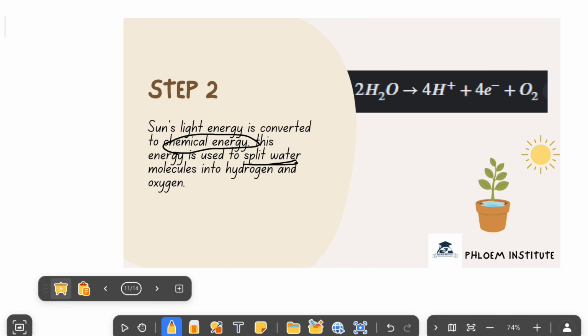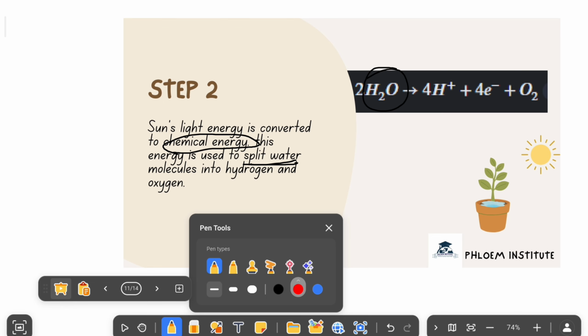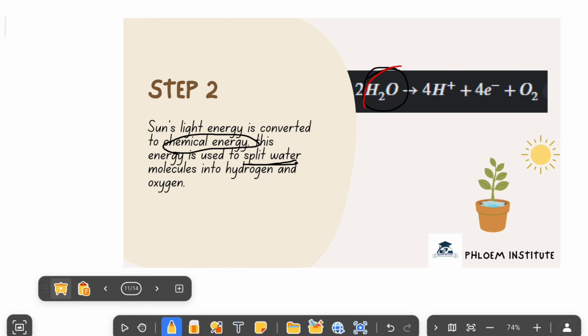We have the water molecule, H2O. Now what will happen? This H2O is splitting. Here you can see we have a total of 2 into 2, 4 hydrogen, and we have 2 oxygen.